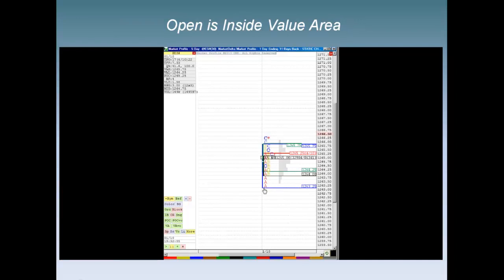So right away we know that our high extreme is going to be there, and we haven't gotten to it yet, but I can take shorts from the top and come back to the POC, and if in fact price drops down to this area down here, I would be able to take a long and take it up to the point of control.